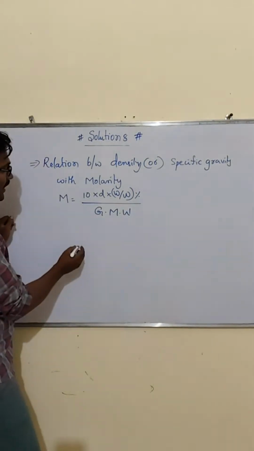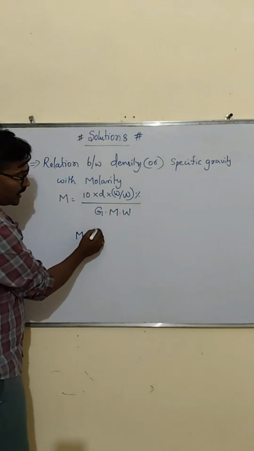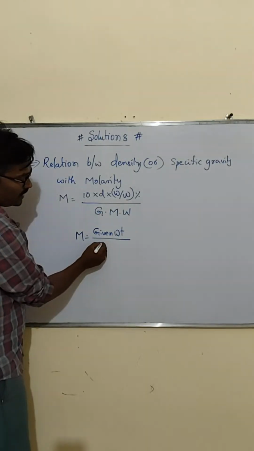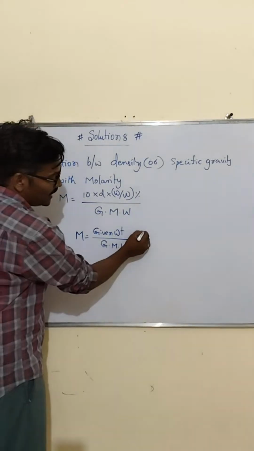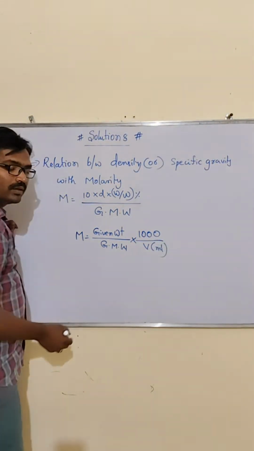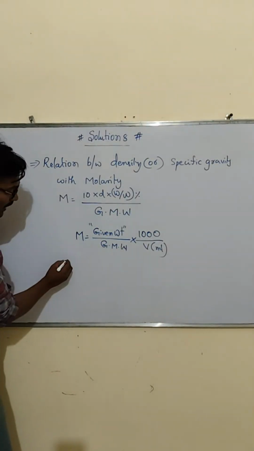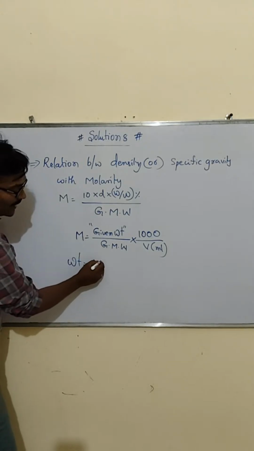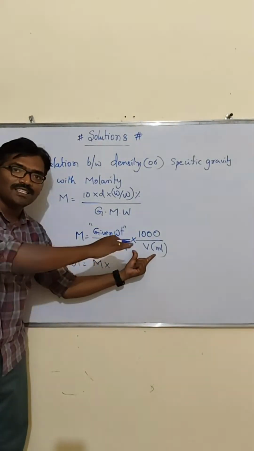Then the general molarity formula is molarity equals given weight divided by gram molecular weight into 1000 divided by volume in milliliters, as I told. Now if you want to calculate the given weight, weight equals molarity into these two terms moved to this side.